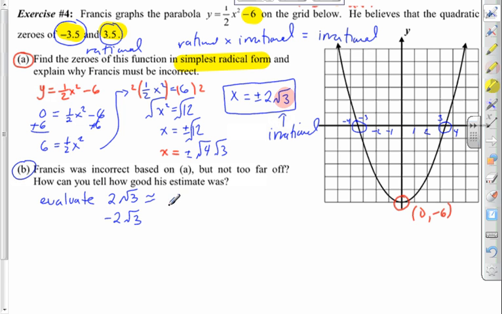And you find, if you place these in your calculator, that the value is approximately, the symbol means approximately, 3.464. And there are some other values after. And then this is about negative 3.464. So he was, in fact, pretty close. 3.5 and negative 3.5.